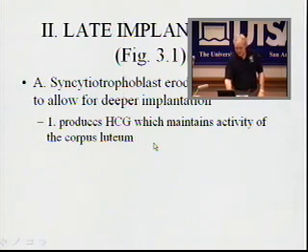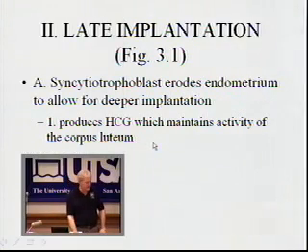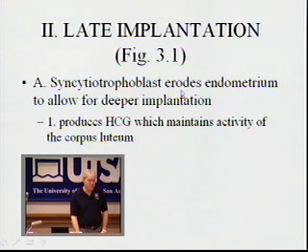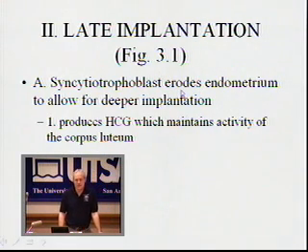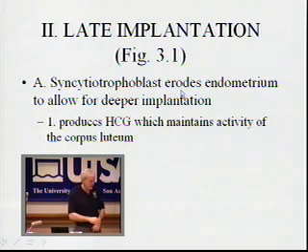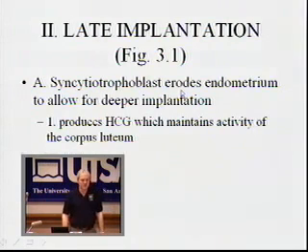The syncytiotrophoblast, as I said, erodes the endometrium. I don't really like that term. The erosion that we're more familiar with is the potholes we're going to see in the road after this horrendous weather. Right? We all know the roads where we hit them, and the potholes are just going to be much worse. So it's not really that type of erosion.